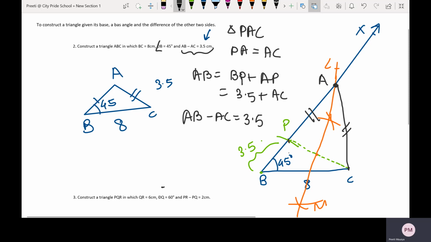Whatever the difference is, we add it on the arm BX, and on that base we construct an isosceles triangle. So the difference of 3.5 is added to the side AP, hence side AB became greater than AC by 3.5. Now let us construct this.